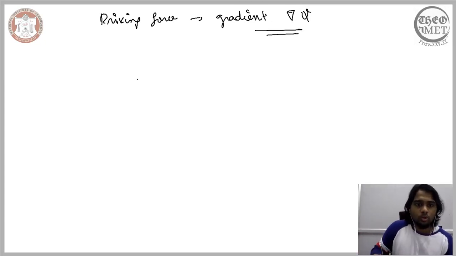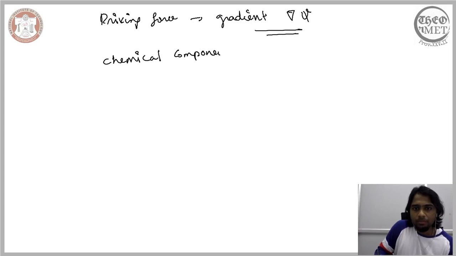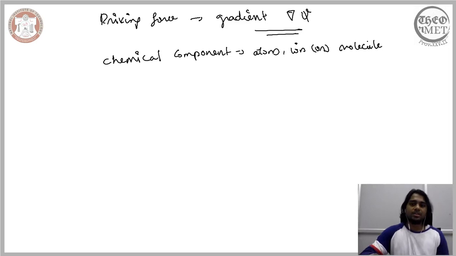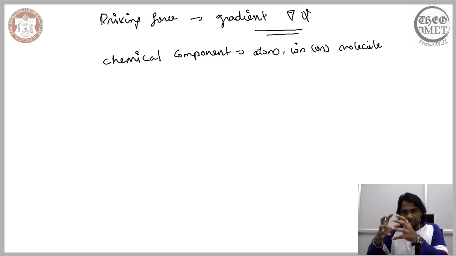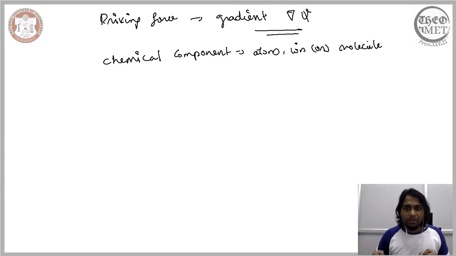When I say one component, what I mean is a chemical component. One chemical component could be an atom, ion, or a molecule. So it could be a pure element, a pure metal, or a ceramic that comprises only one form of molecule that builds up the entire material.